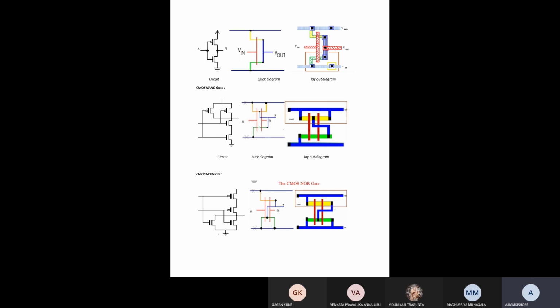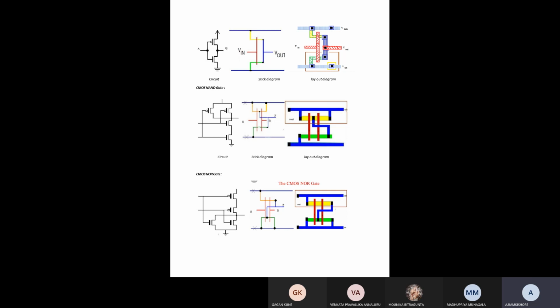The next one is the CMOS NOR gate, complementary metal oxide semiconductor NOR gate. Here the NOR functionality is Y = (A + B)'.